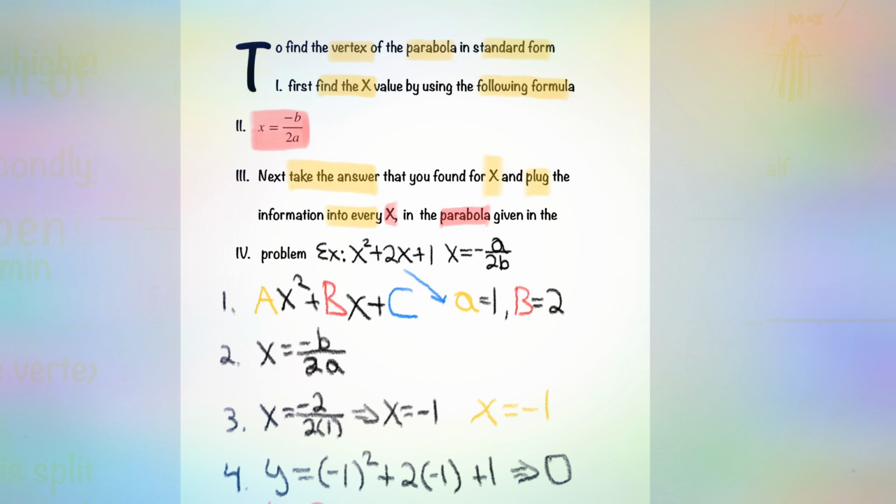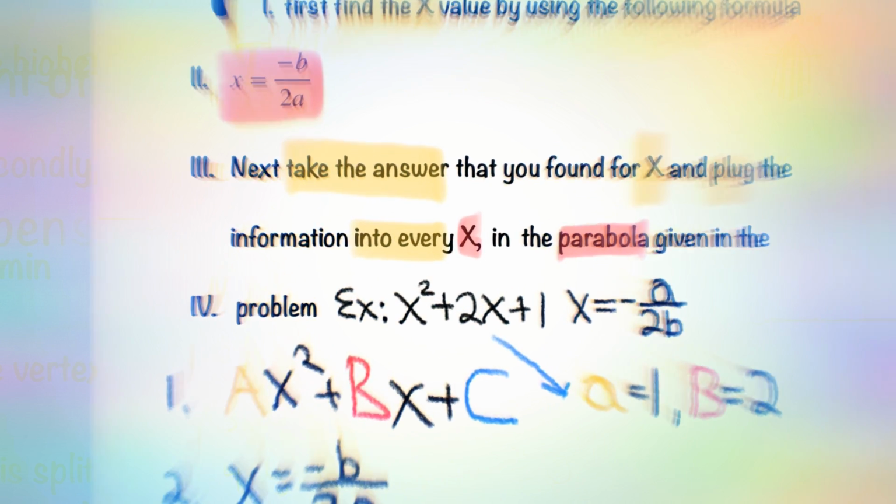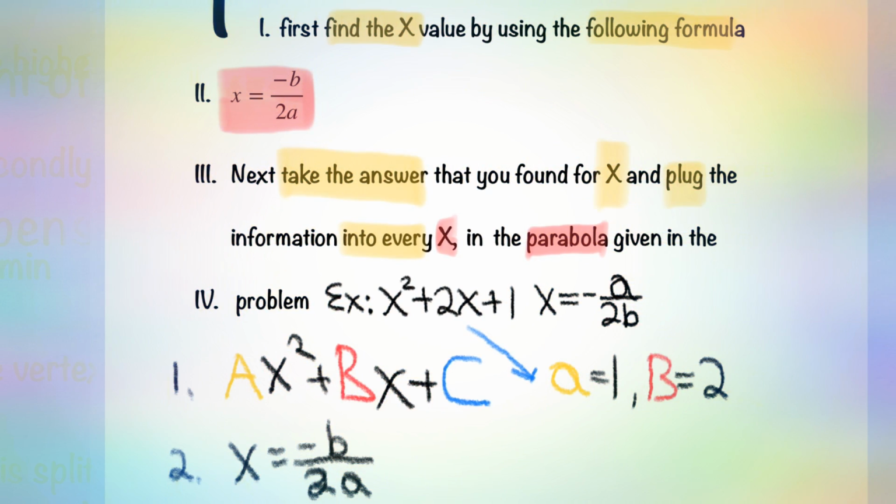To find the vertex of the parabola in standard form, we first find the x value by using the following formula. X equals negative b over 2a.